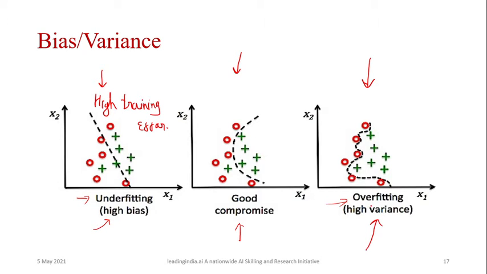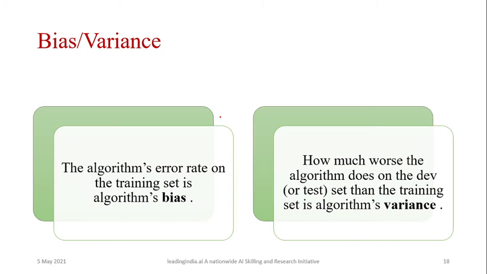If you have a high variance problem, then you will get high testing error. And if you have a good fit, you will get low training and low testing error. So our target is to find the best fit for our problem.